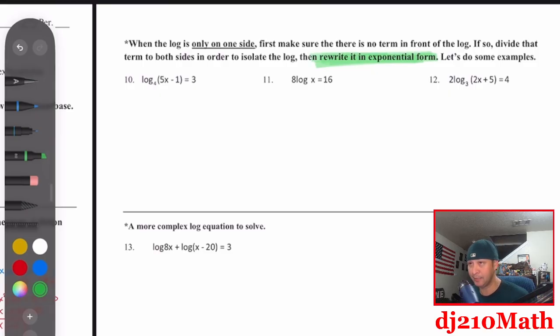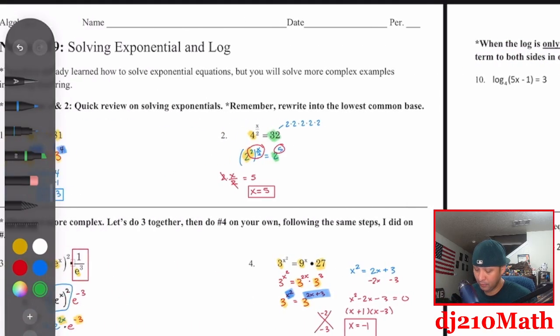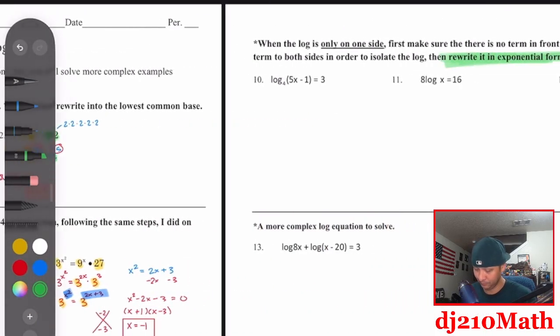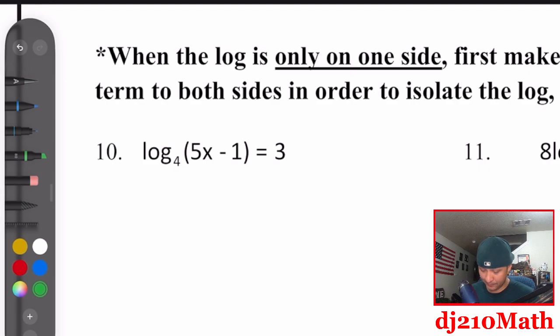That's going to be the key. So when there's only one log, you convert it to exponential. If you remember the little swirl technique, and then you do what we did on examples 1 and 2. All right, let's get it.